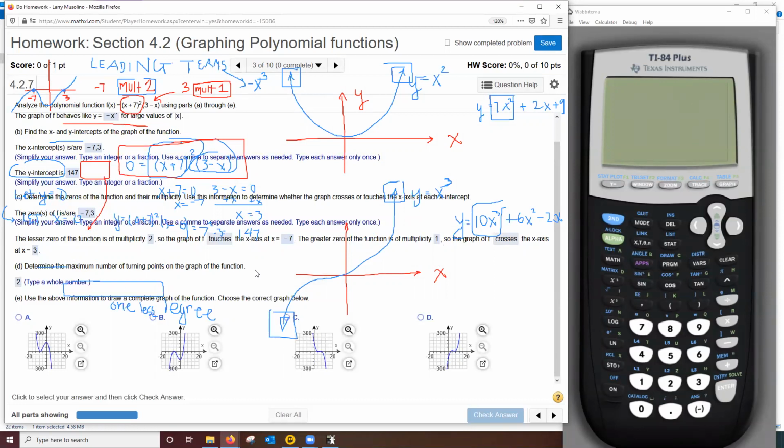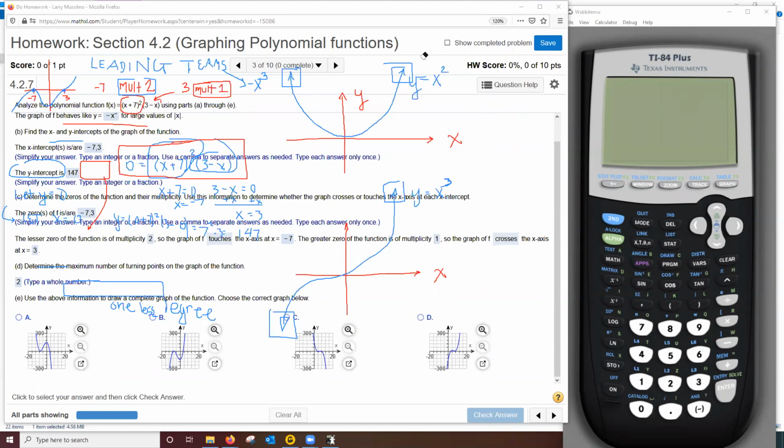Finally, they want us to draw the graph. All right, well, let me come back up to our graphs here for a second. And here's what we can conclude about the shape of the graphs when we know the leading term. Let me write some examples here.